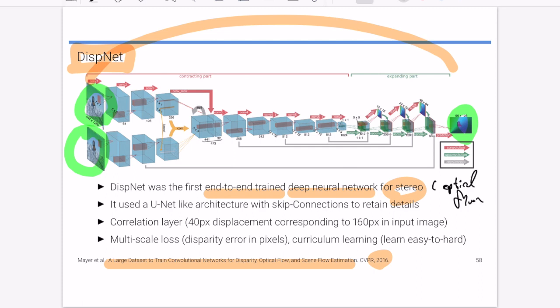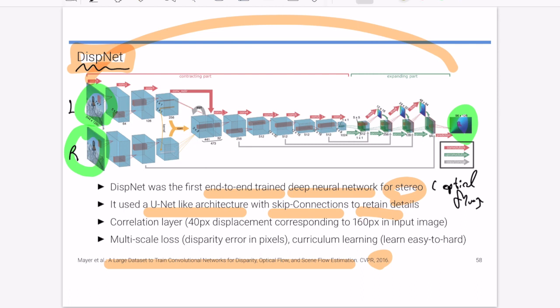We'll talk about this one later. To sum up, when you just consider the optical flow input, this net is going to be FlowNet. But if these two images are left and right images, it's going to be the stereo matching network. It's going to be this net. It used a UNet-like architecture with a skip connection to retain the details.